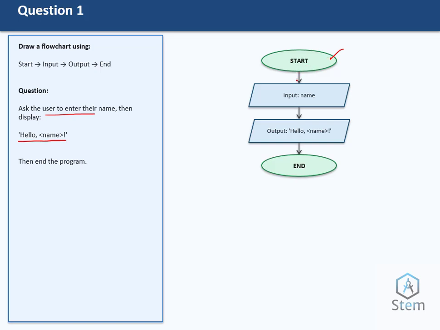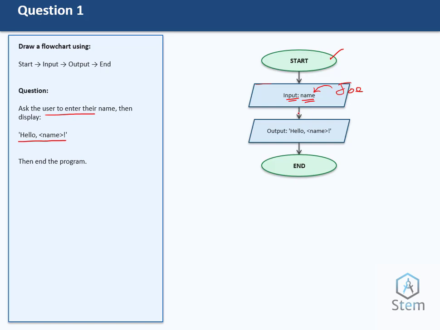Then from start, we go to this parallelogram where we get an input of name. So input is the command, name is the variable which is holding whatever the user inputs. So if the user inputs Joe, it means we are now storing the value Joe inside this variable called name.